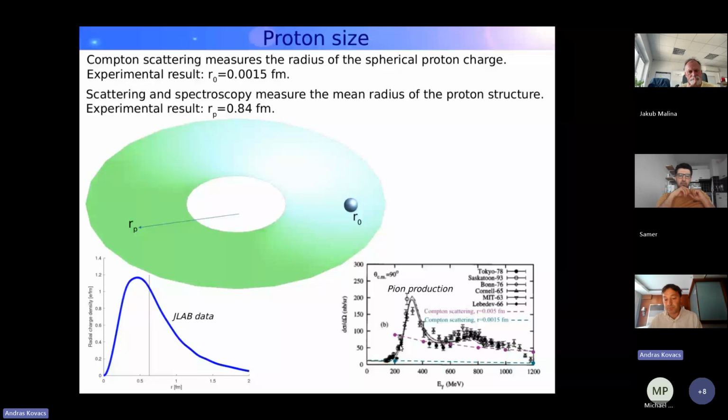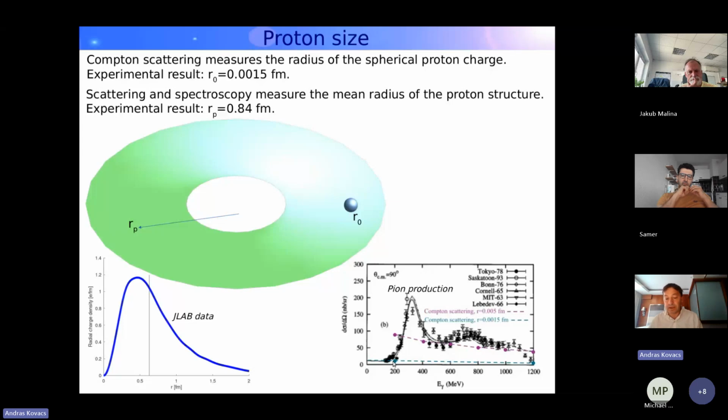So we want to see the Klein-Nishina formula integrating with the proton Compton radius in the low energy and high energy limits. And when you integrate the Klein-Nishina formula with experimental data in these limits, what you get is 0.0015 femtometer spherical charge radius for the proton.